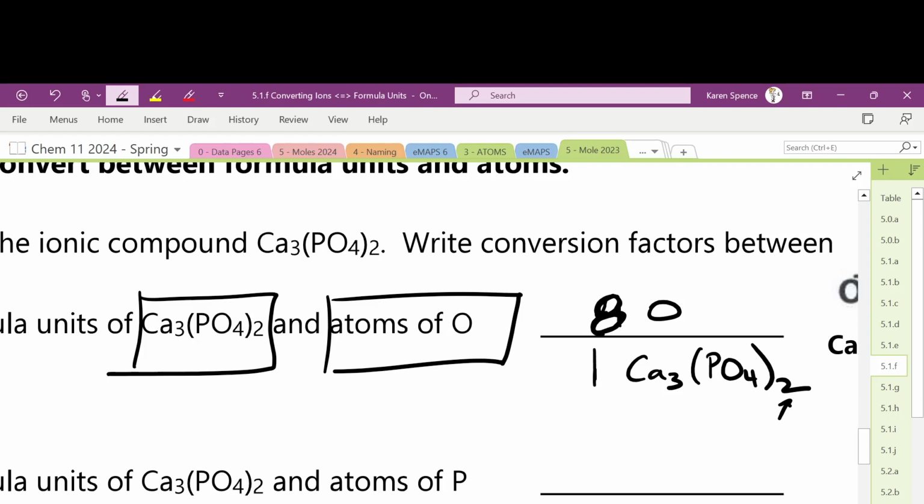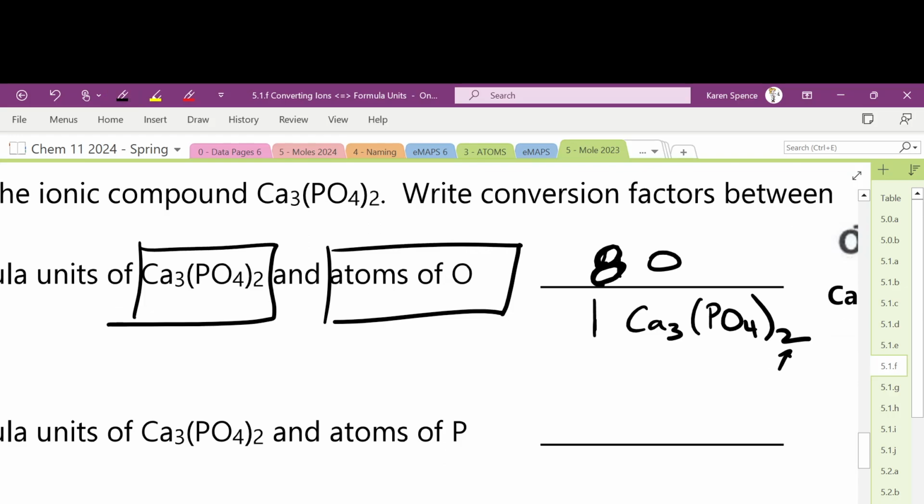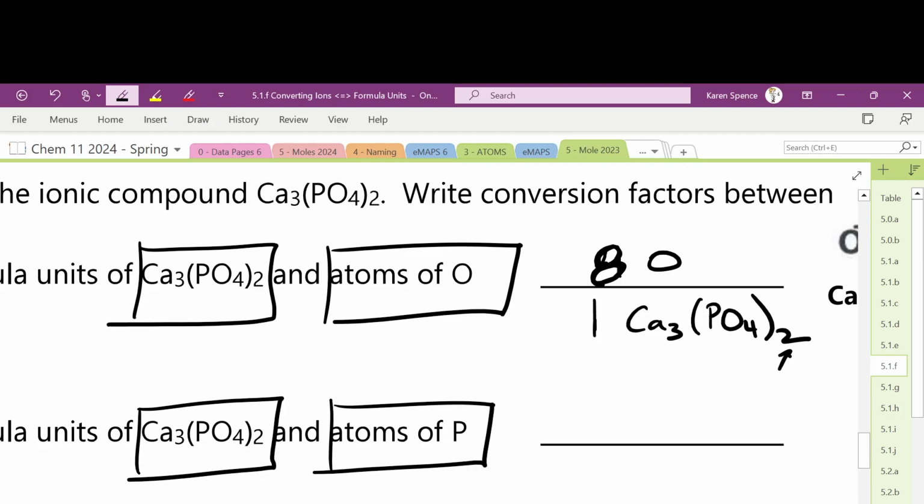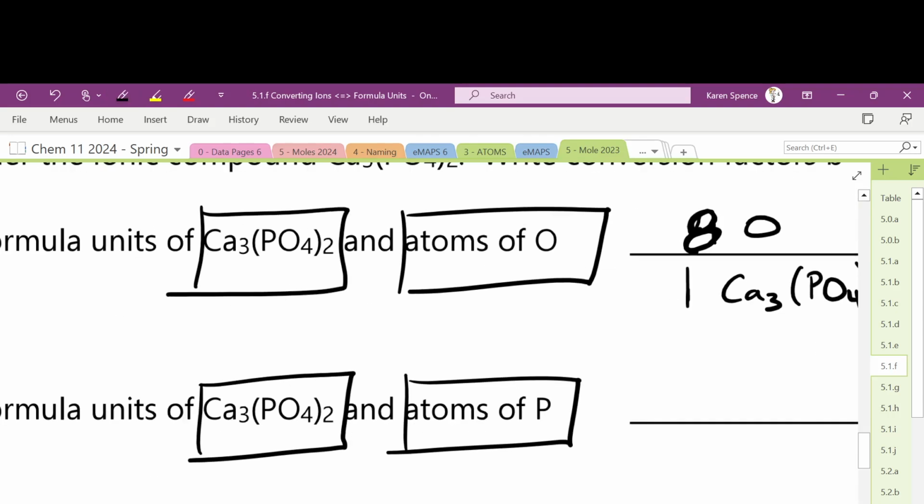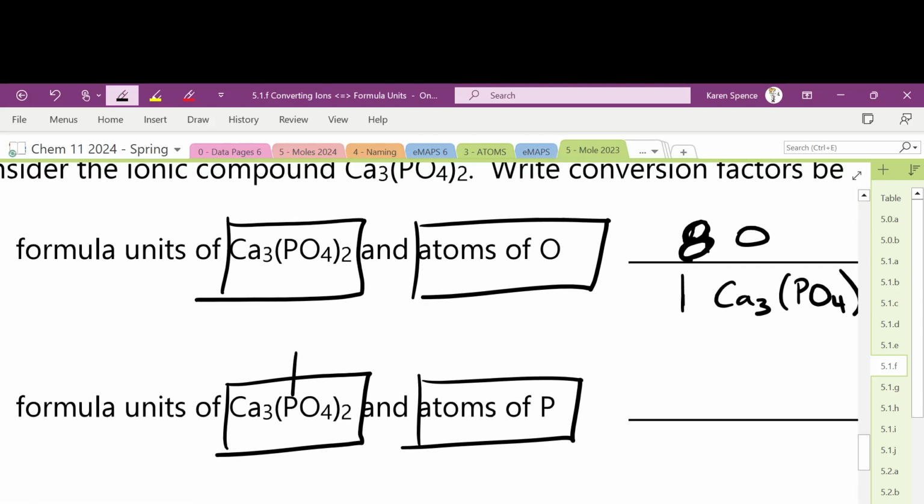Okay, sometimes just seeing it big and loud in front of you is all it takes. All right. Nathan, what's the conversion factor between atoms of P and calcium phosphates? How many phosphorus atoms?